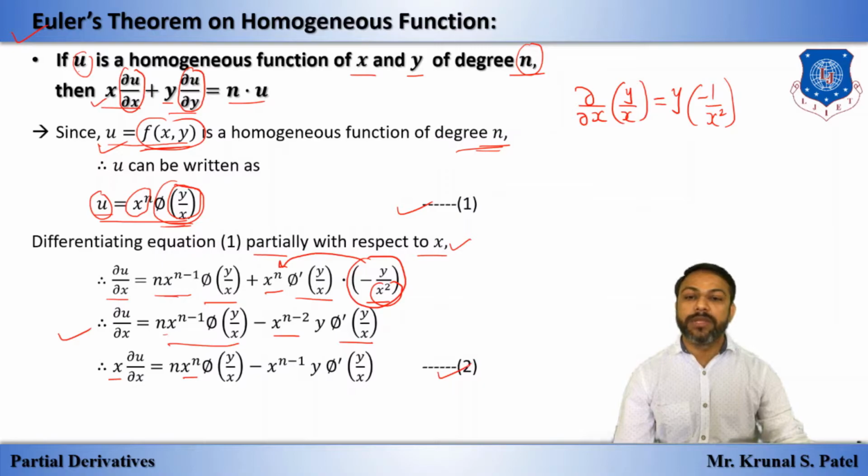Say equation number 2. Same way we differentiate equation 1 partially with respect to y, and then we multiply with y.